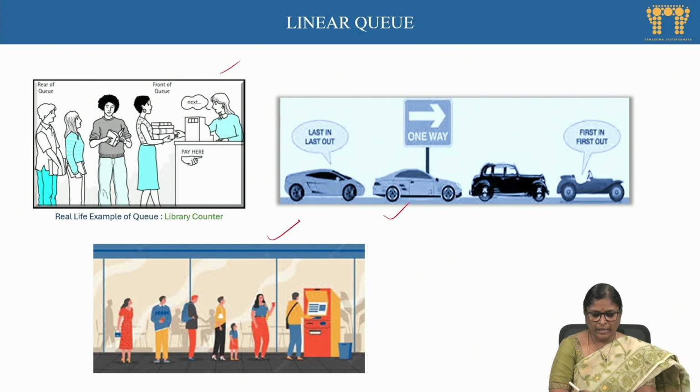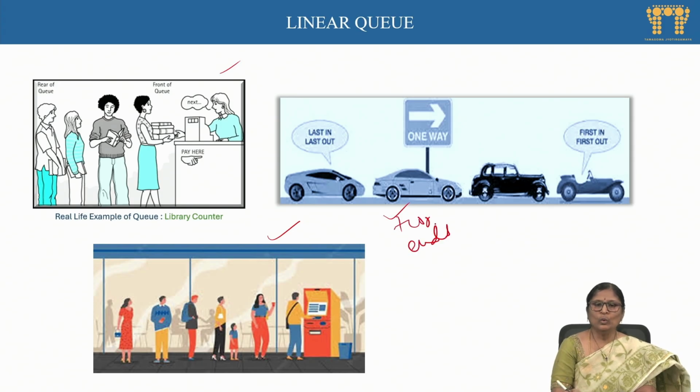Now coming to the third image, it is an ATM center where whenever we want to withdraw or deposit money, all of us will be forming a queue.